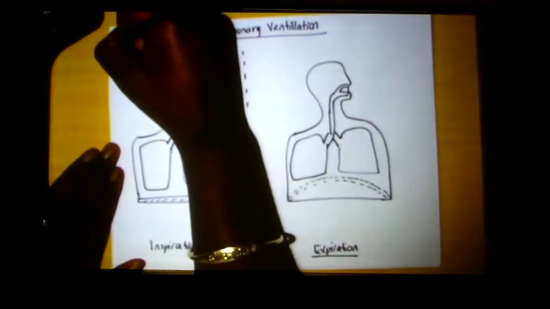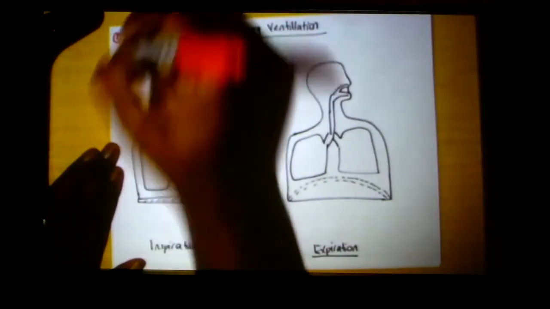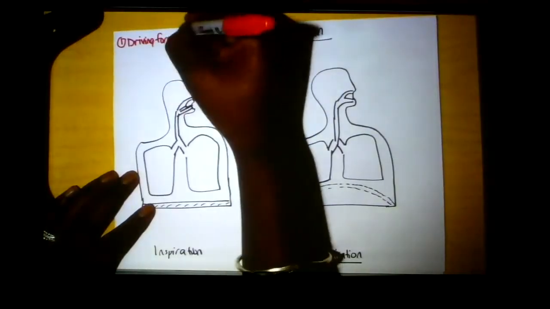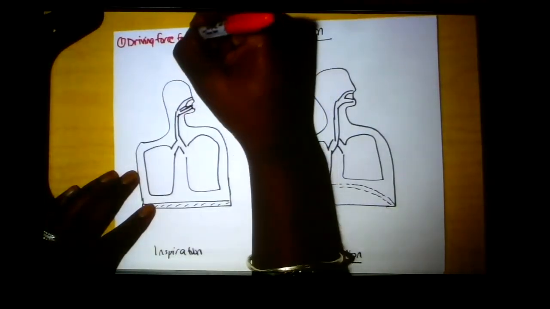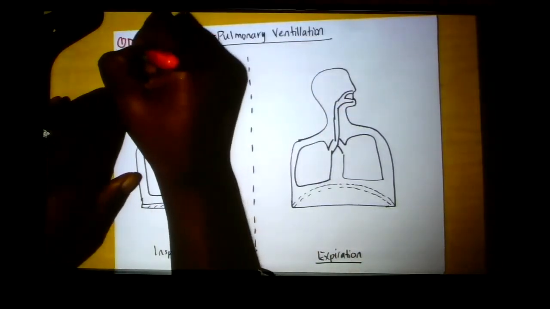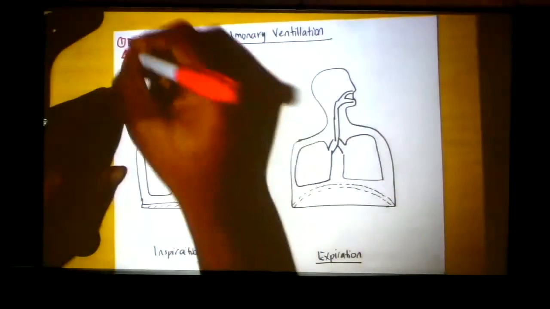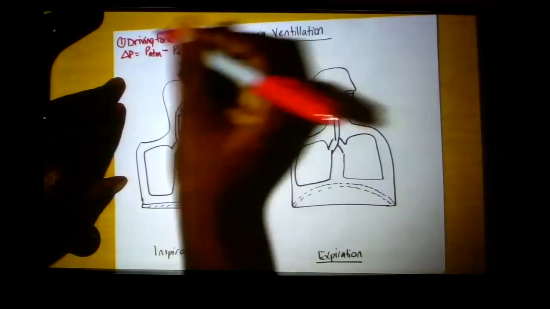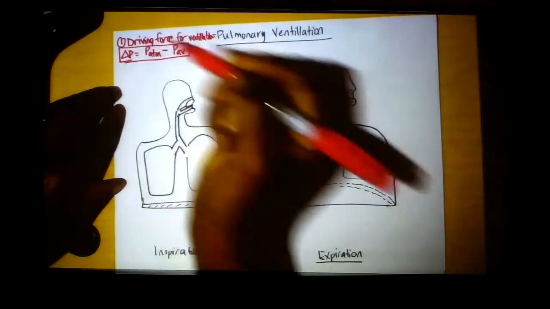So the first thing is that the driving force for ventilation is our pressure gradient, okay? And that pressure gradient simply means atmospheric pressure minus alveolar pressure. Okay, that's the first important thing.